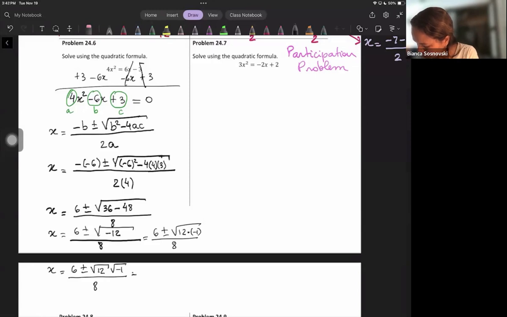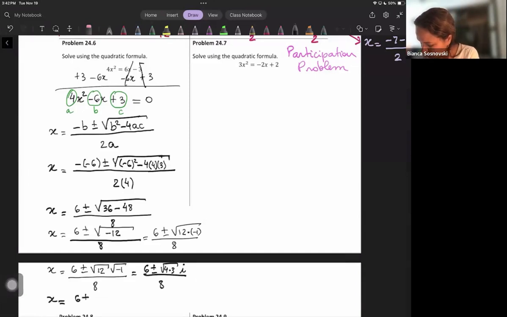All right, so here I have 6 plus or minus. And again, rewriting 12 now as 4 times 3, and I will split that radical again. And the square root of negative 1 is i. And I still have everything divided by 8.